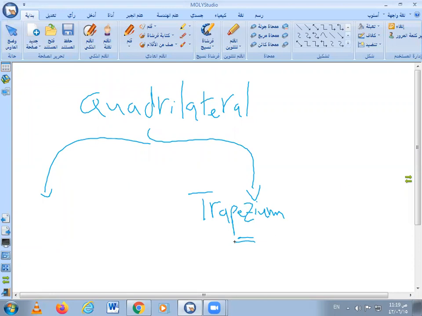The other part is the parallelogram. The parallelogram has a definition and 4 properties.